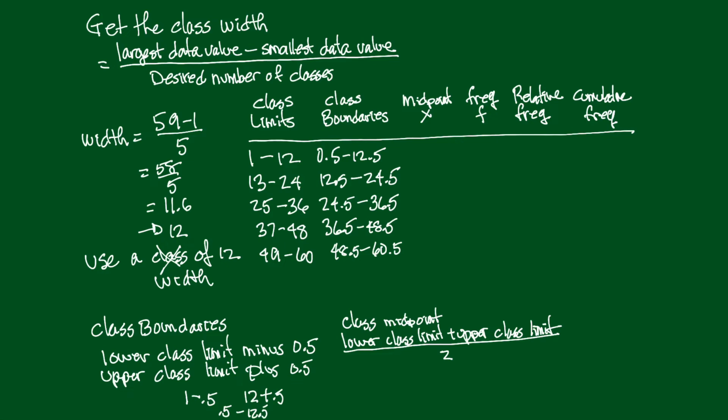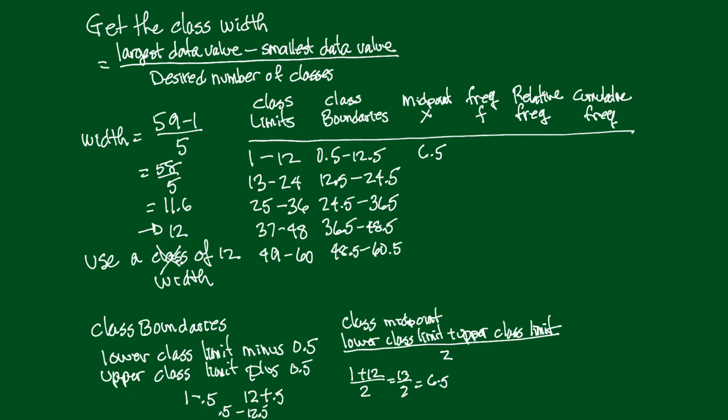So let's write these here. In the first one, this is going to be 1 plus 12 over 2. We get 13 over 2, which is 6.5. So I'll write a 6.5 up here. Now you might want to do just the next one, but you'll see what happens here. The next class is what? This one here, 13 and 24.